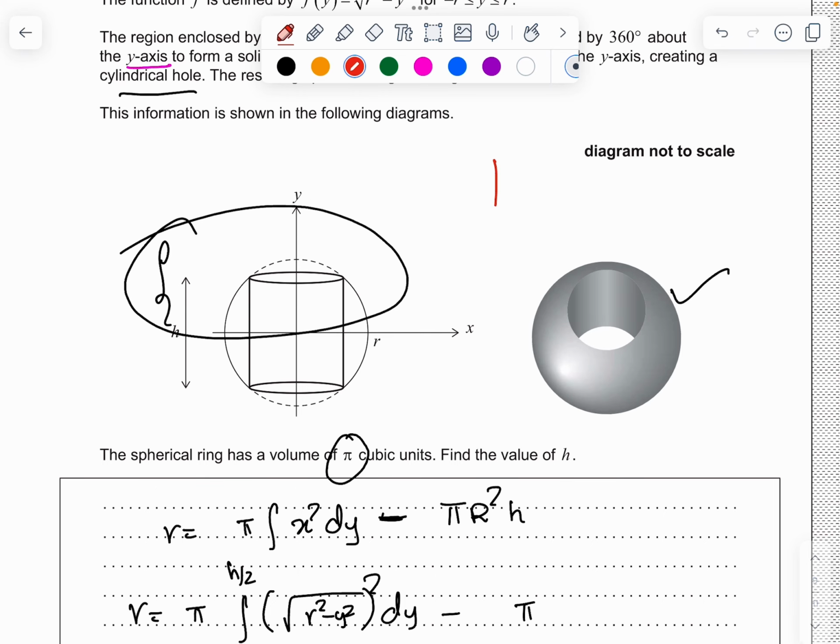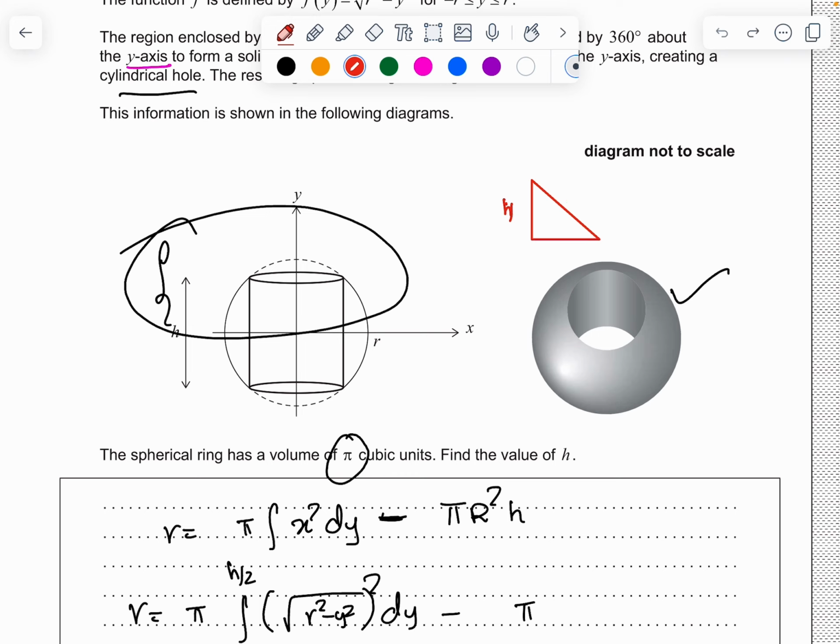This will form a right angle triangle over here. I get a right angle triangle. Height is h upon 2 and the radius of that one is capital R, and the small r is the radius of the basic sphere. So what does that become now?